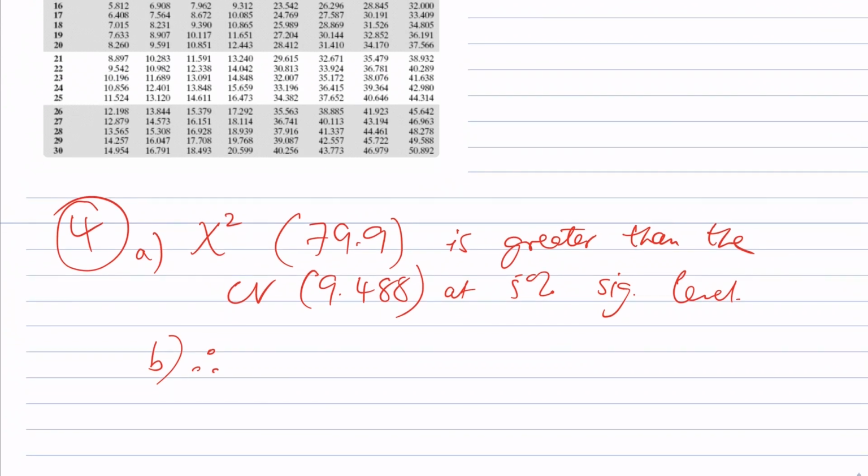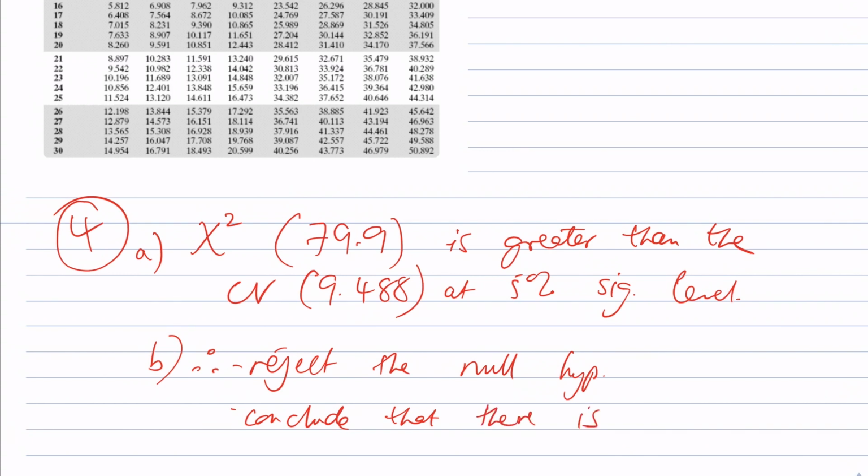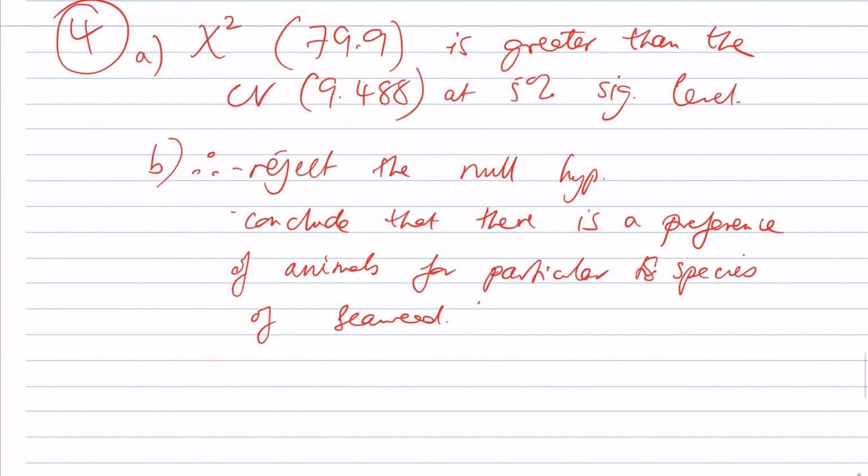Well, it means that we have to reject the null hypothesis and conclude that there is a preference. Remember, we bring it back to the context of the question. Conclude that there is a preference of the animals for particular species of seaweed. The distribution is not equal, right?